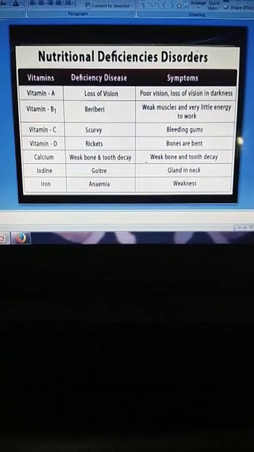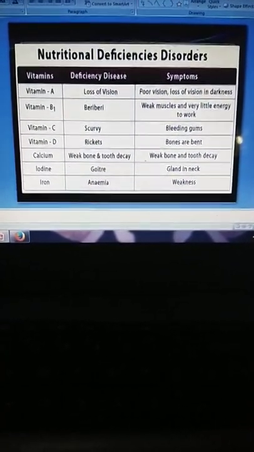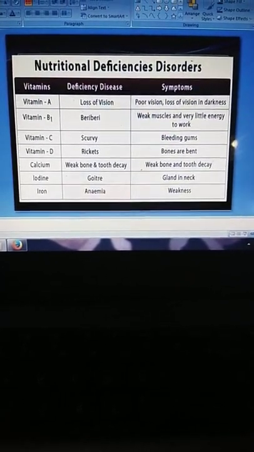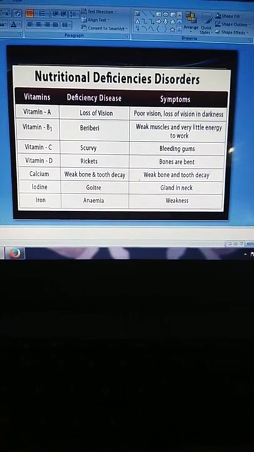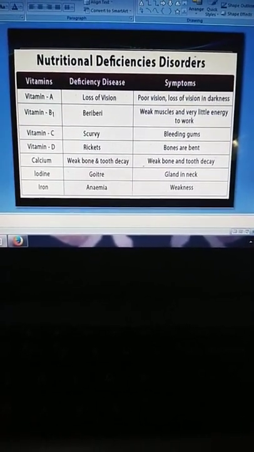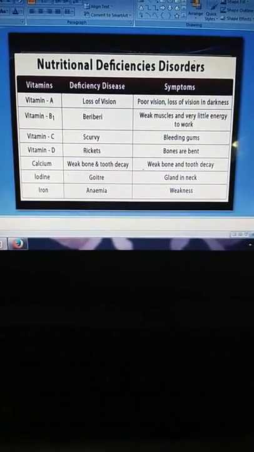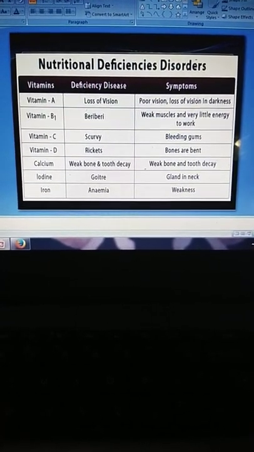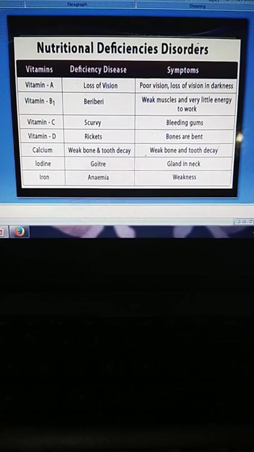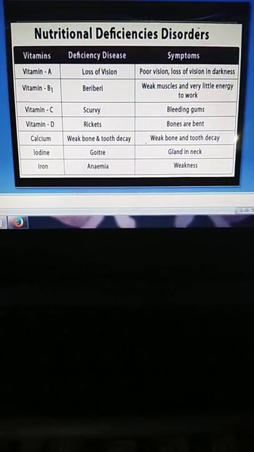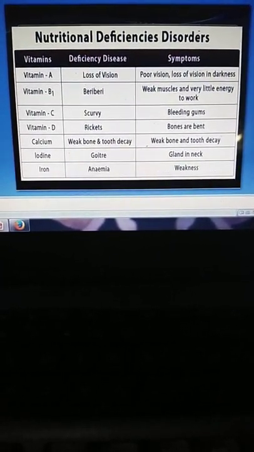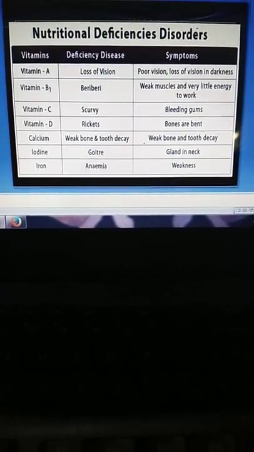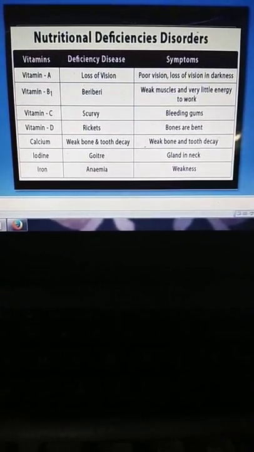For vitamin B, beriberi is the disease. Symptoms: weak muscles and very little energy to walk. For vitamin C, the disease caused is scurvy. Symptom: bleeding gums. Vitamin D deficiency causes rickets, and the symptom is bent bones.